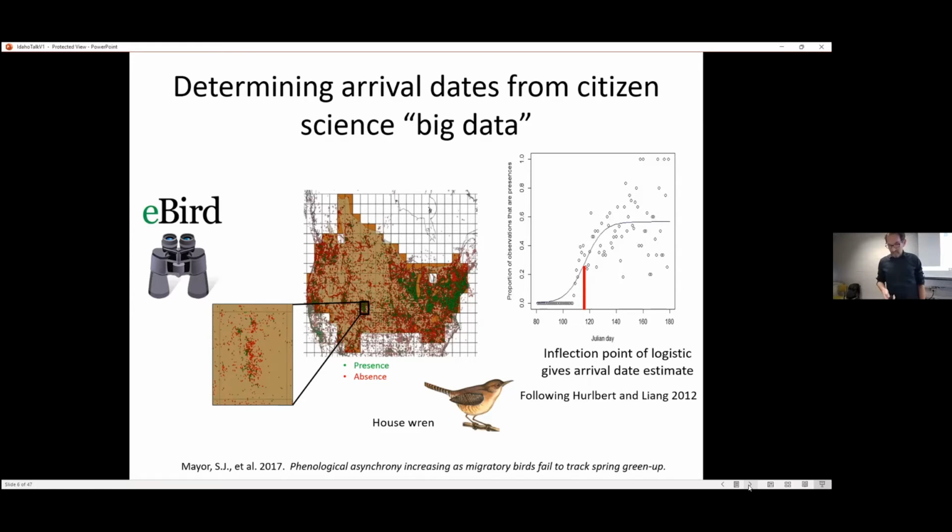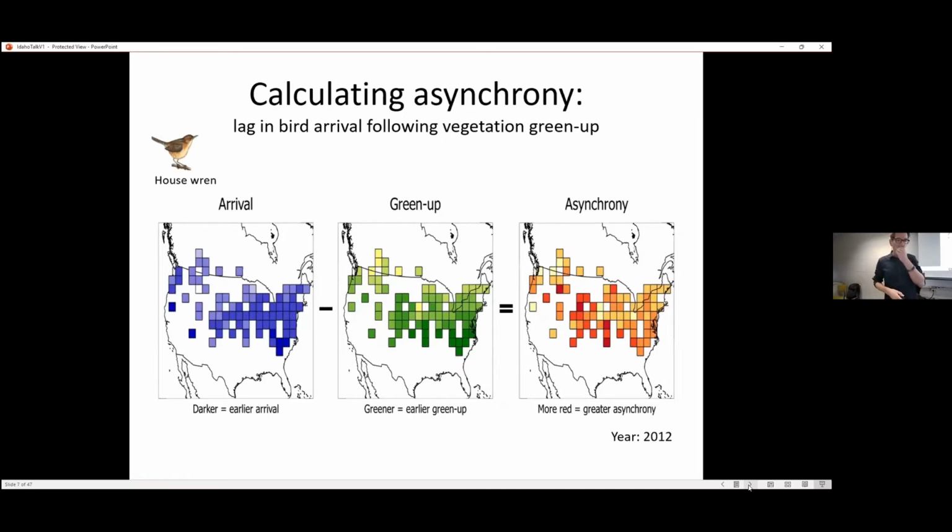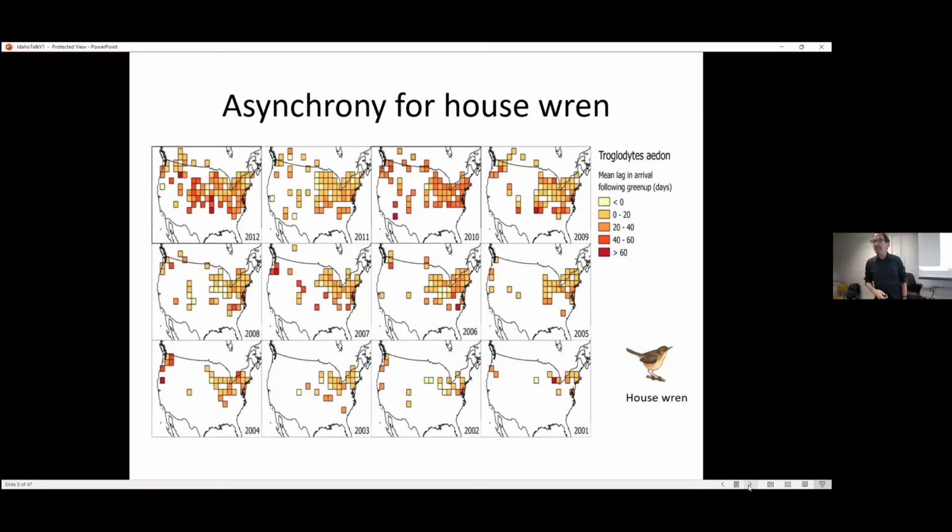From that simple idea, we can calculate arrival for a species per year, per cell. We can look at green up by aggregating the green up data from the vegetation phenology, and we can get a measure of asynchrony: arrival minus green up. Red is higher asynchrony and yellow is lower. You can do that over many years.